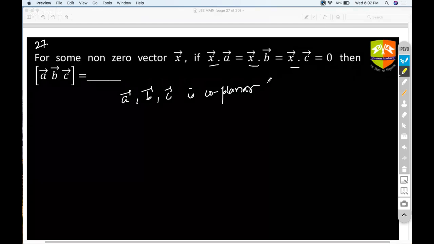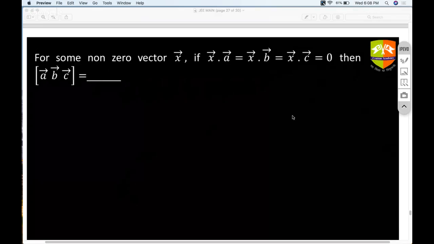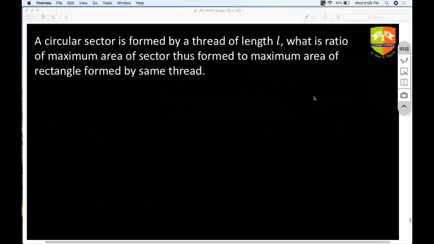That means the scalar triple product should be 0. So absolutely, that was a simple question. Should not have taken you more than 2 seconds to answer this.